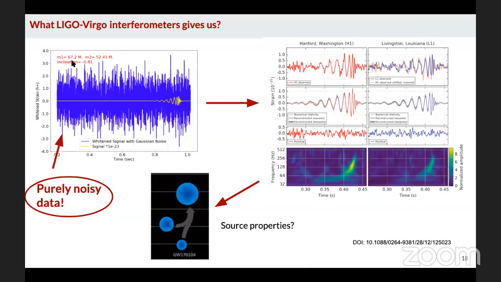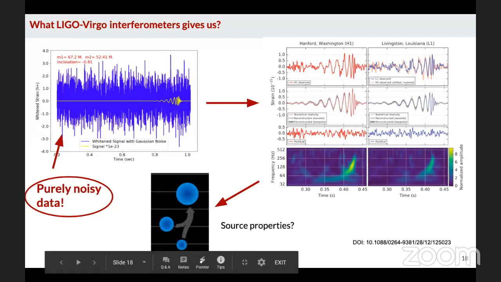We just observe some noisy data, which looks like this in time. It's time series data, and we see a lot of wiggles, and you can hardly tell whether there is a signal inside it. How do we process this data to understand that we have detected a signal, and understand the source properties? This is a bit challenging, and this is what I am going to talk about in the next slide.